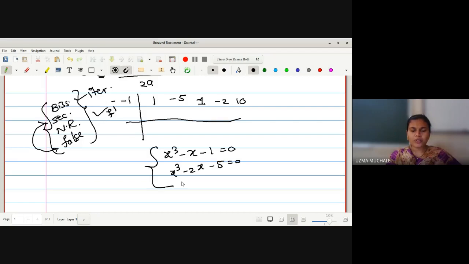Try to find the roots of these two equations by whatever method you have studied up to now: trial and error method, synthetic method, or if you want to take some common term, you can try any. And just tell me what the roots are.